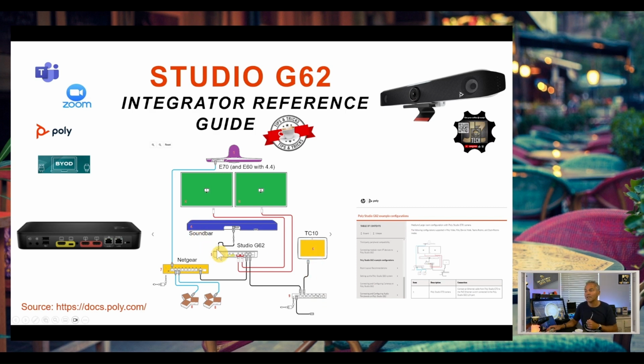And lastly, we have the soundbar, because of course we need speakers. You could also use speakers in the screen, but I think it's always nice to have the external soundbar to get that full immersive audio. So you can connect a soundbar to the 3.5mm port, and then you will have microphones, speakers and cameras all available in that meeting room.